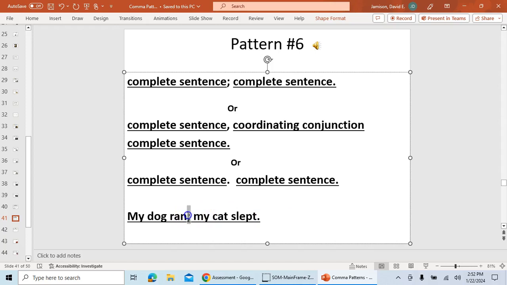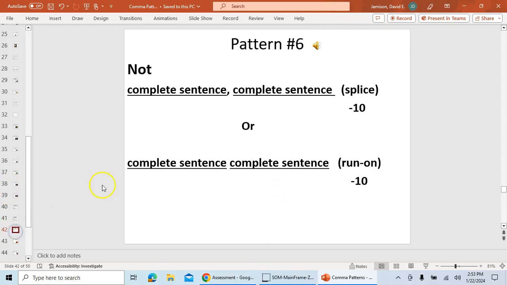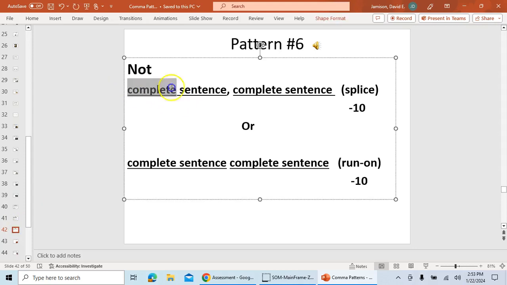Or we could use a comma and a conjunction. These are the wrong way to do it. If you put two complete sentences together with a comma, that's a comma splice. If you put two complete sentences together with no punctuation, that is a run-on.